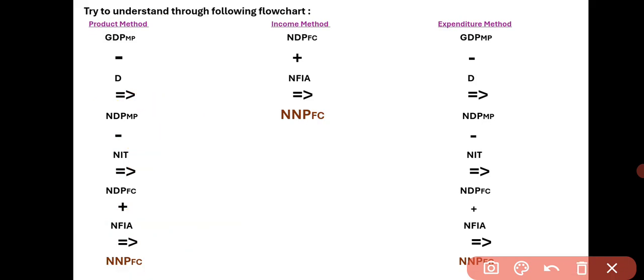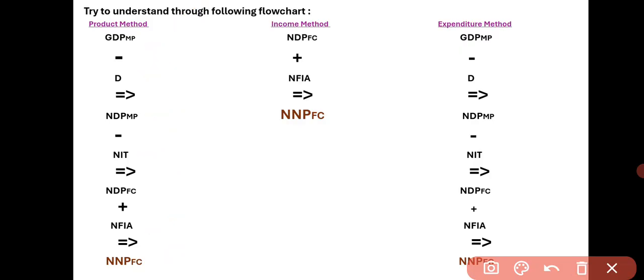Just add the market value of all the final goods and services, get GDP MP, deduct depreciation value and get NDP MP, deduct NIT from NDP MP and get NDP FC, and add NFIA to NDP FC and get NNP FC. That is national income.